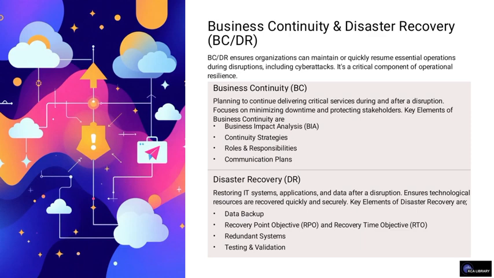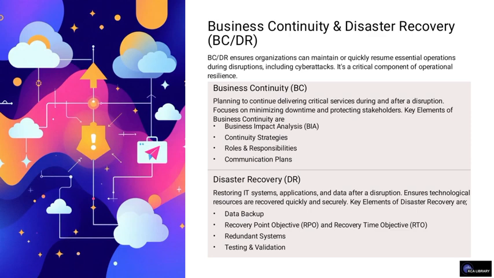Business continuity is planning to continue delivering critical services during and after a disruption, and it focuses on minimizing downtime and protecting stakeholders. Key elements of business continuity include business impact analysis, continuity strategies, roles and responsibilities, and communication plans.